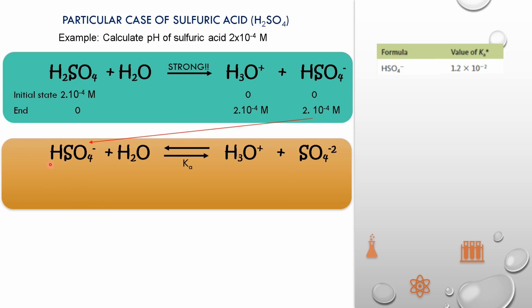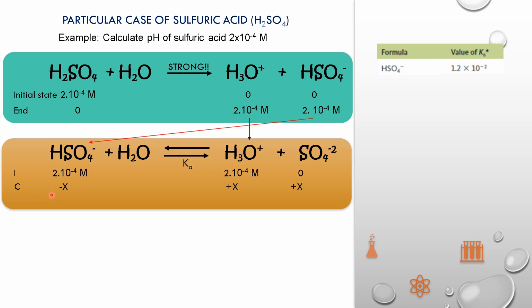It's not 0, it's this value. And what's the initial value of the hydronium's concentration? This one. So when we establish the initial state, this is how it will look. There isn't 0 for the hydroniums. It is 0 only for the sulfates.